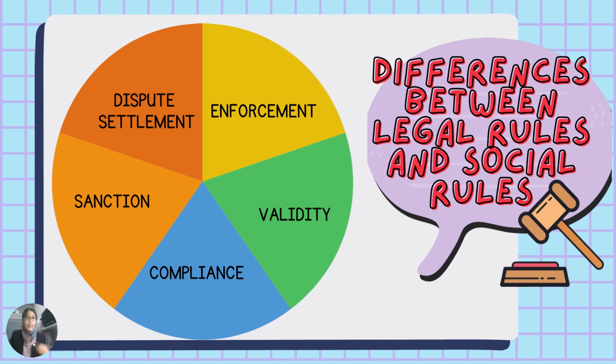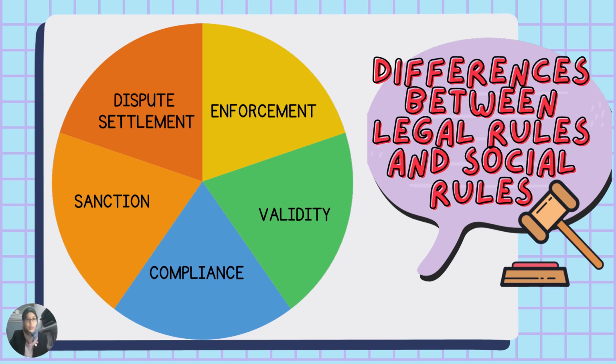In terms of validity, social rules are still valid because they are unofficial rules, while for legal rules, in order to be valid, the law needs to go through the lawmaking process.